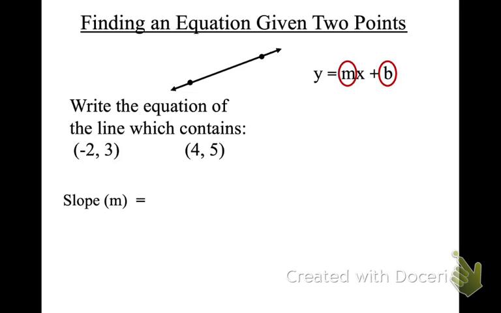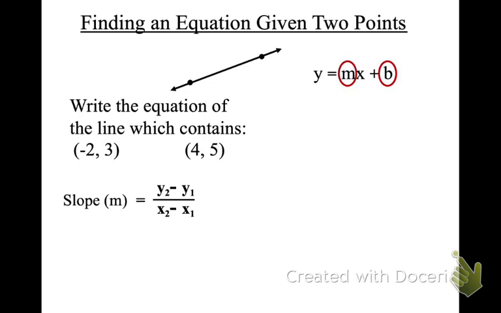So let's find the slope first. Remember the slope formula? That is y2 minus y1 over x2 minus x1 equals the slope. Please make sure you write full formulas. I knock off points in homework if for each problem you're not using your formulas.